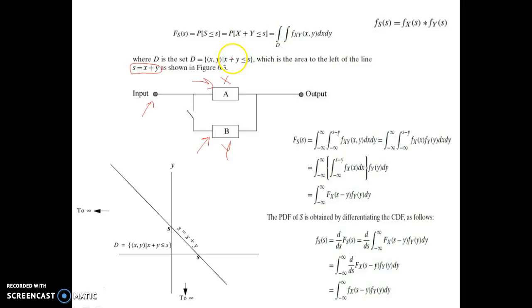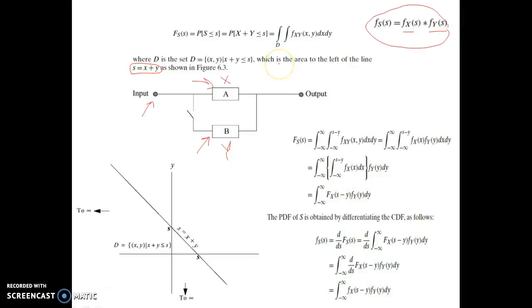Our main task is to show that if S is a function of two random variables X and Y, the sum of two independent random variables, then the PDF of S is given by the linear convolution of the PDF of X and the PDF of Y. We're trying to establish this relationship.